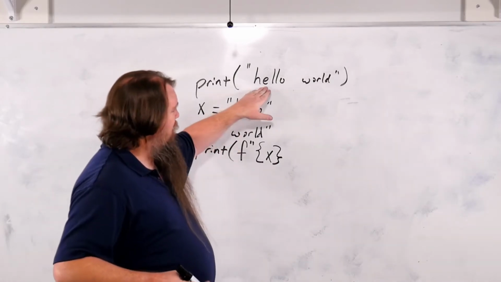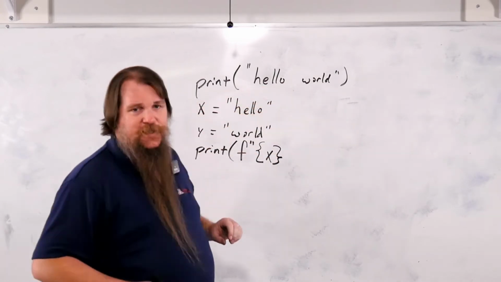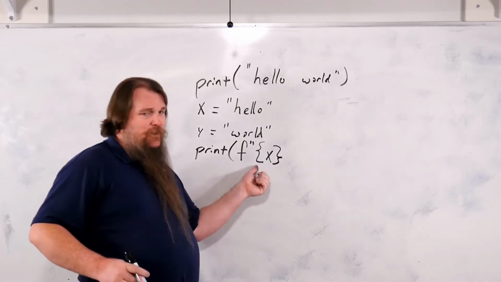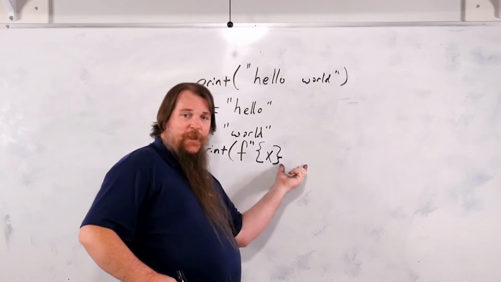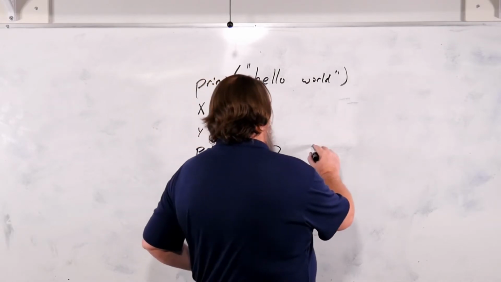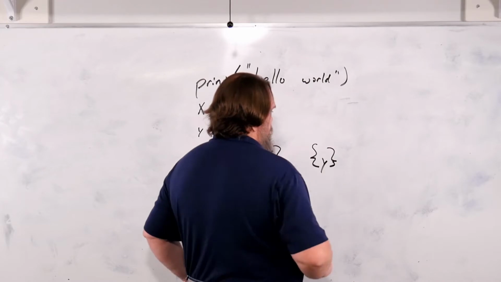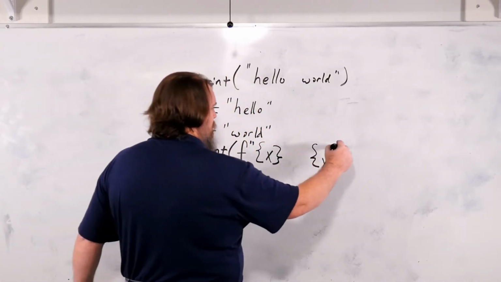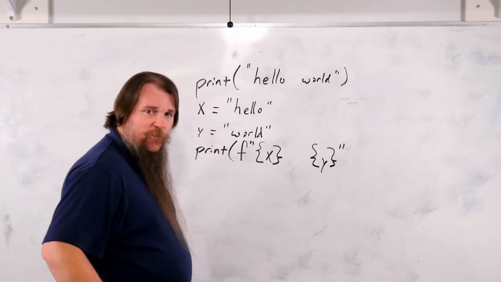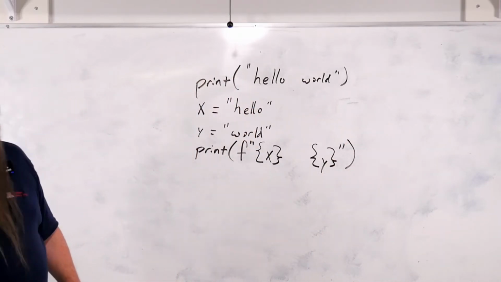So I want to have hello space world. My strings don't have spaces in them. So I'm going to do curly brace, X closing curly brace. Then I will leave a space. And then I'll have curly brace, Y closing curly brace. I'm going to close this just like a normal string with my double quote. And then I'll put a closing paren for the function call.